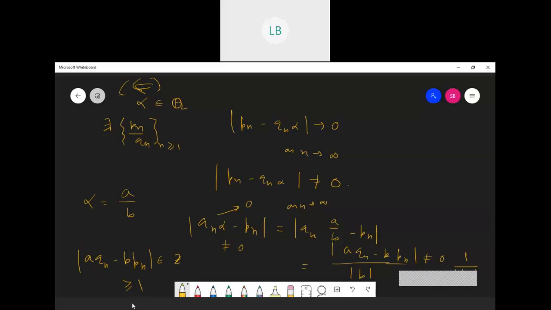Again it is an integer, right? So the modulus of any non-zero integer will be greater than or equal to 1. So this whole thing will be greater than or equal to 1 by mod of b. Now there can't be a sequence which is always greater than or equal to 1 by mod of b but converging to 0, right? That's the contradiction.